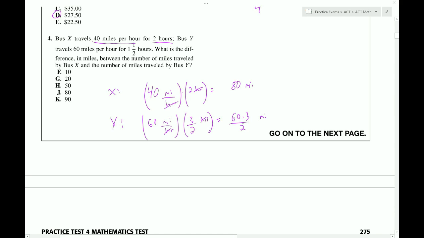Now here I would do 60 over 2 to get 30 on the top. And then 30 times 3 would be 90 miles, right? Now, I didn't even know what the question was asking for, but I just did this because it's the natural thing to do when you have those two values. What is the difference in miles between the two buses? Okay, so the difference in miles is 10, right?